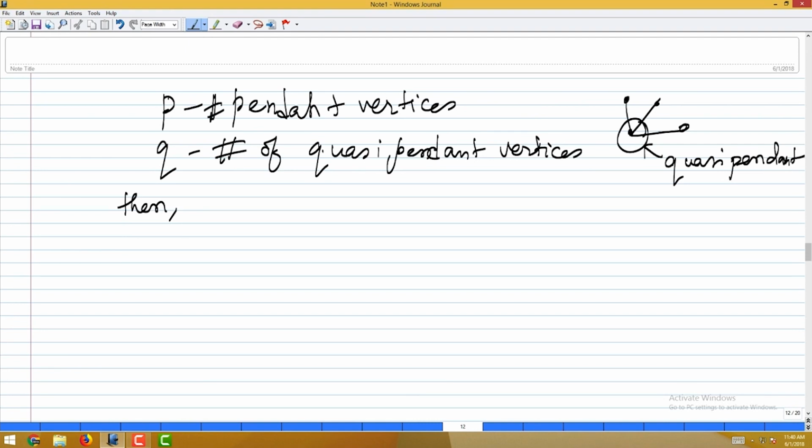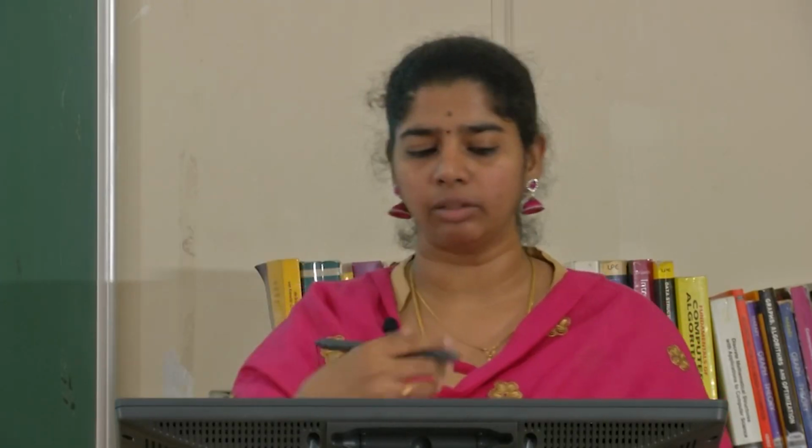Then we can talk about 1 occurring as an eigenvalue in this case, and say that the multiplicity of the eigenvalue 1 for this tree is nothing but, we know the upper bound is given by the previous result p minus 1, and the lower bound is coming from the number of pendant vertices and number of quasi pendant vertices.